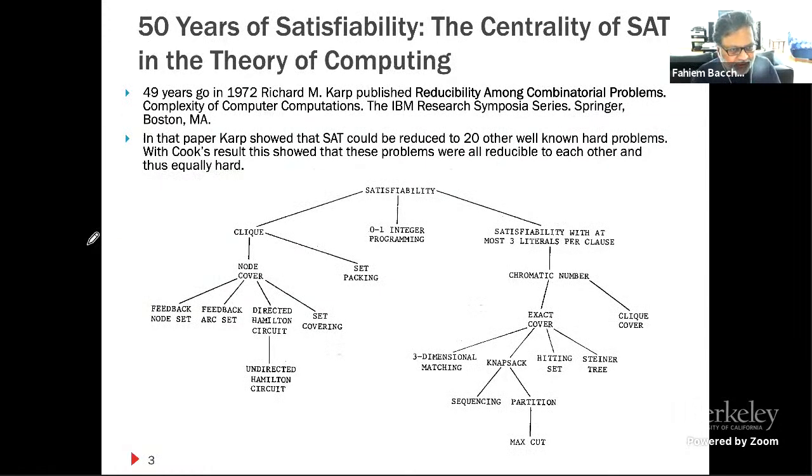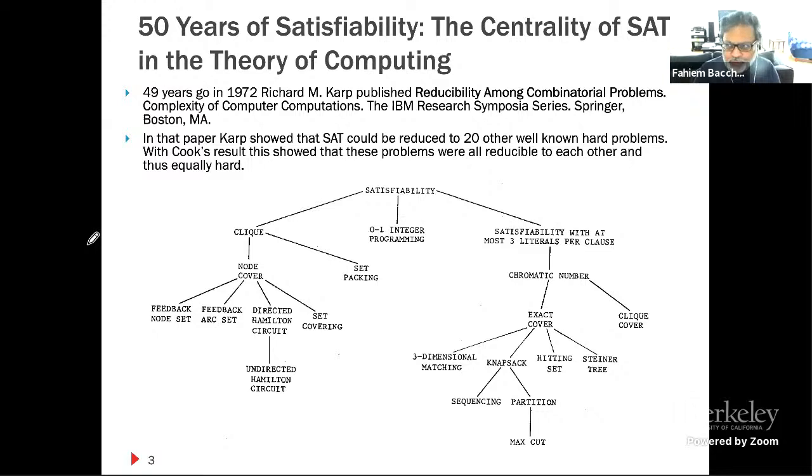And then about a year later, Richard Karp produced another nice paper which showed that there was a whole bunch of other well-known combinatorial problems that were equally as hard as satisfiability, and that all of these problems were basically equivalent, all NP-complete problems.